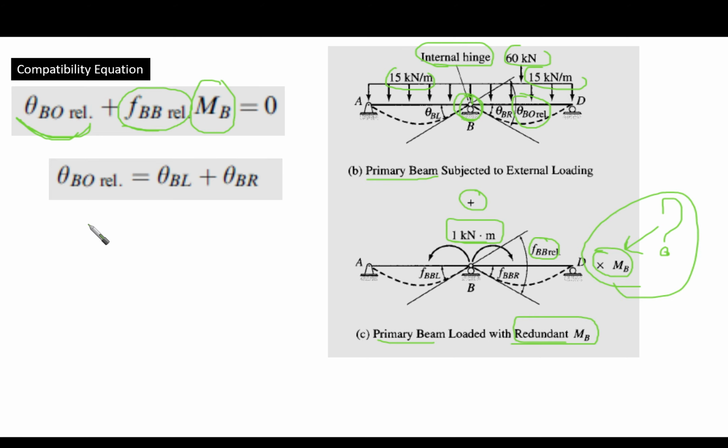Simply, we are going to look at how we can obtain this theta and this flexibility coefficient. The first one, due to the original loading, is very easy.